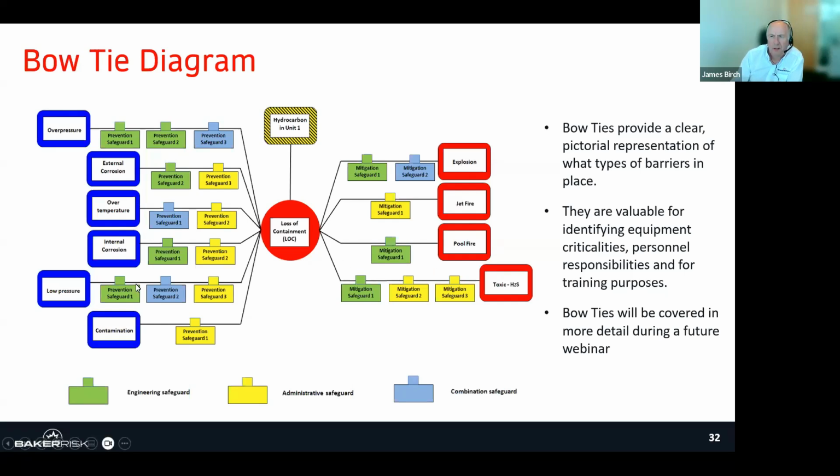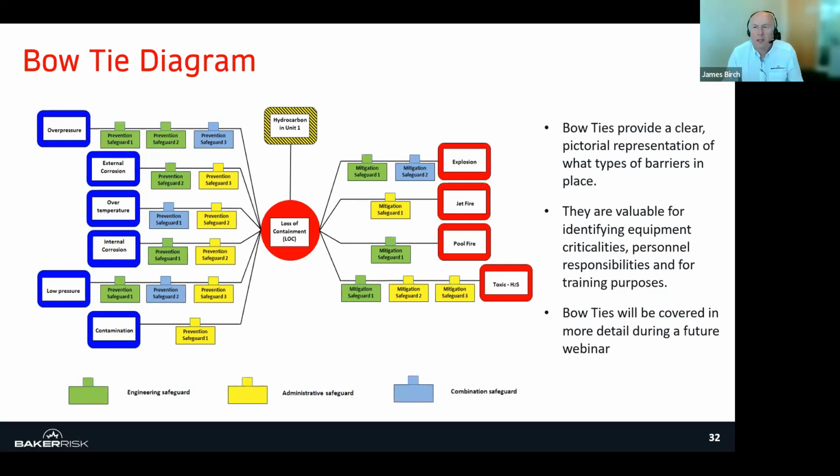And what I've done is I've color-coded the barriers, the SCEs that have been put in. In green, these are an engineered safeguard. Those will be my SCEs that I can physically find. Relief valves, shut-off valves, fire protection. In yellow, I have administrative safeguards.